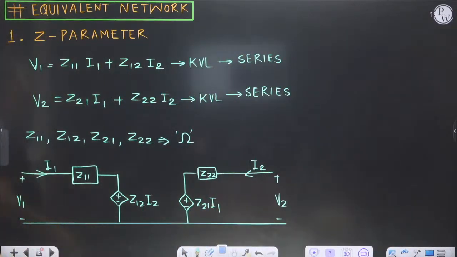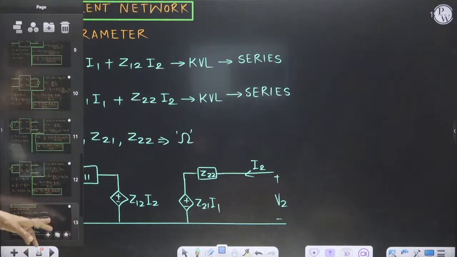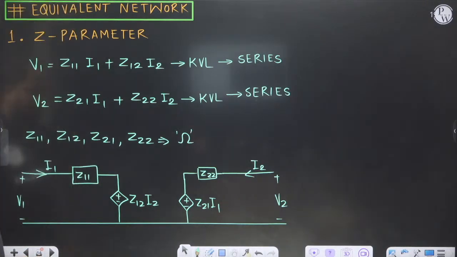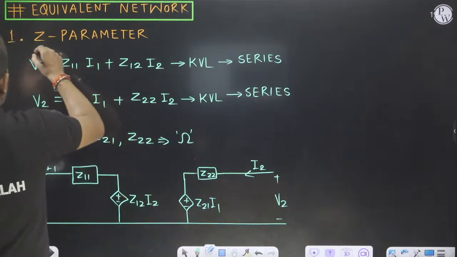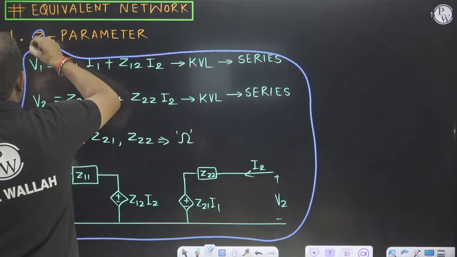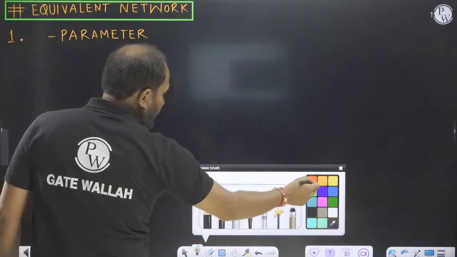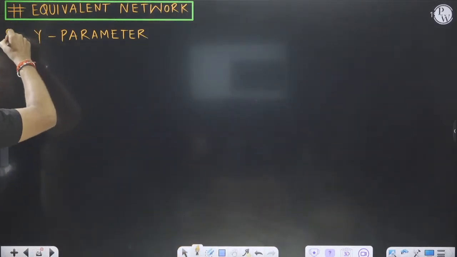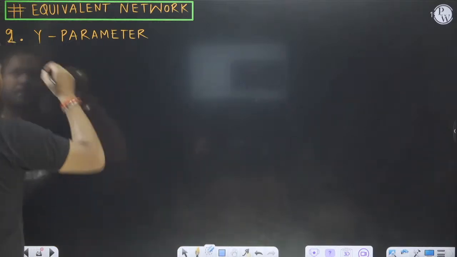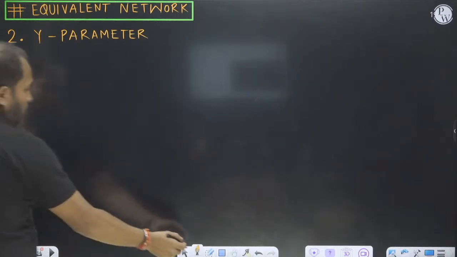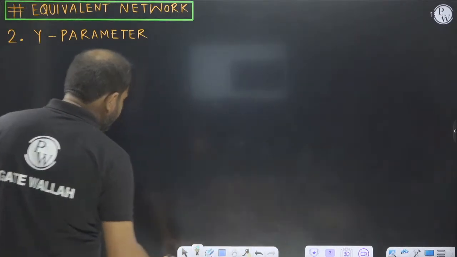Again, we will go for the Y parameter. Equivalent model for the Y parameter. Okay. For the Y parameter, the second one, it is nothing but KCL. So we will write down the KCL equations.